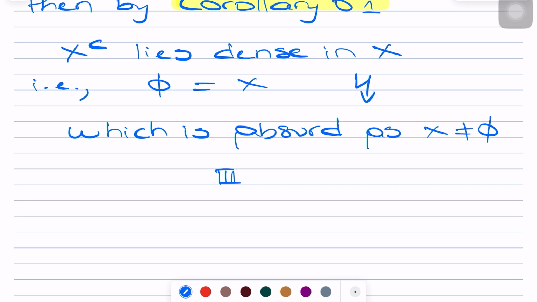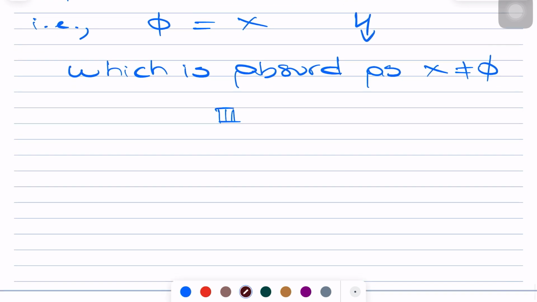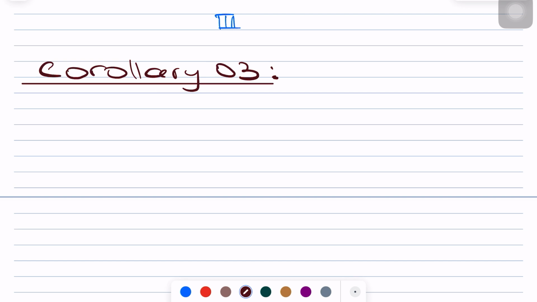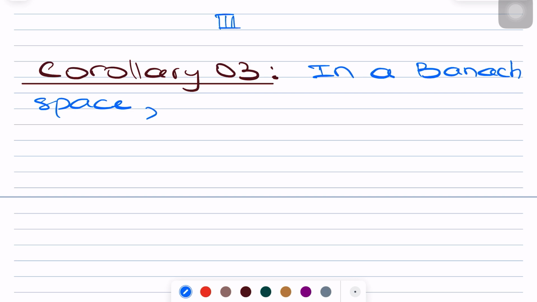And then I think we will take probably the last corollary for today, another corollary that is also very important for you to know. Corollary 0.3. In a Banach space, every basis in the sense of linear algebra.